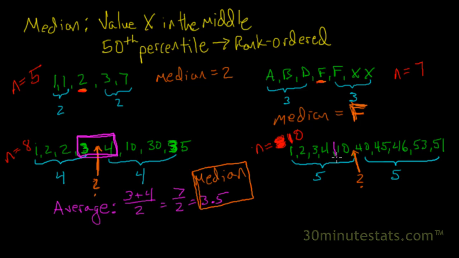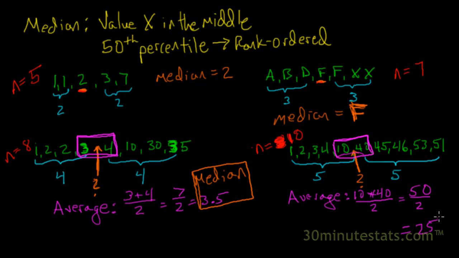So, as I mentioned, the convention is to take these two values in the middle and compute the average. So what is the average of 10 plus 40 divided by 2? That's going to be 50 over 2, which is equal to 25.